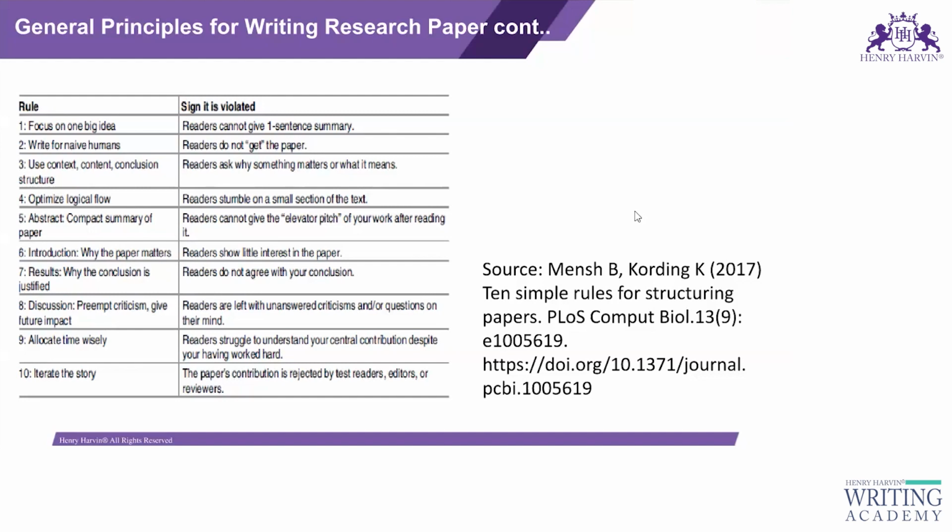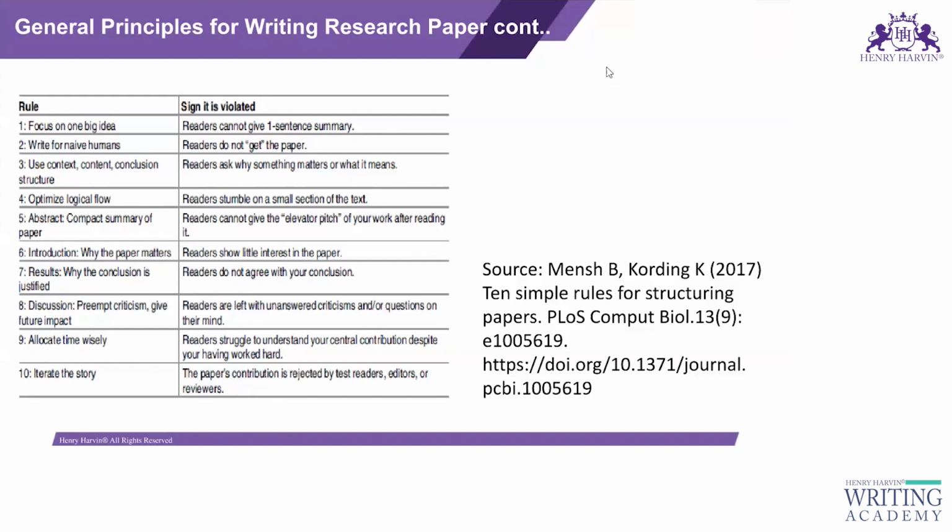From the abstract, the readers will not understand what the paper is actually about and what its findings are. Then the introduction, which explains why the paper matters. If the introduction is not written as it should be, the readers show very little interest in the paper.